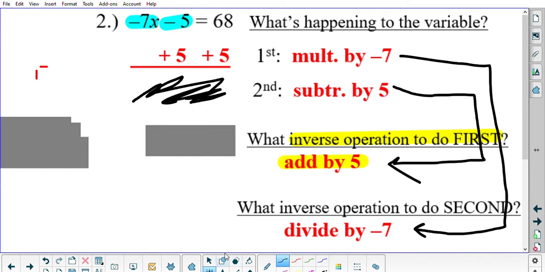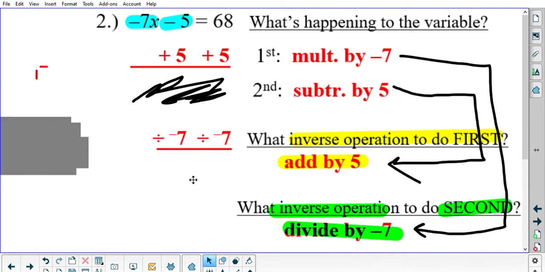Now, lower is where we're going to now do the second inverse operation. And that second inverse operation we said was to divide by -7. So now let's put that underneath. Make sure it's on both sides. Please remember, the equal sign separates the left side from the right side. I didn't even line this up really well.